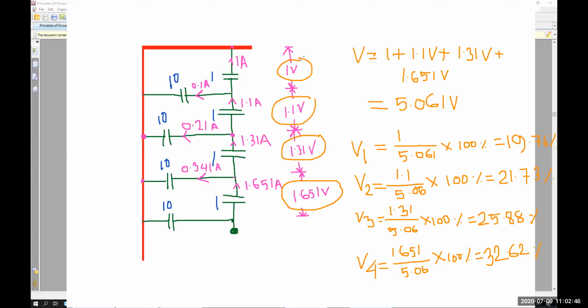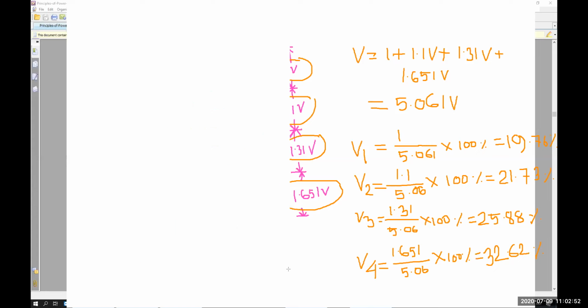Now we need to find out the string efficiency. So how can we find that? String efficiency should be V divided by n times Vn into 100%, right? What is n?